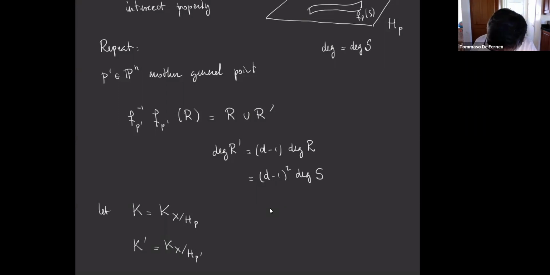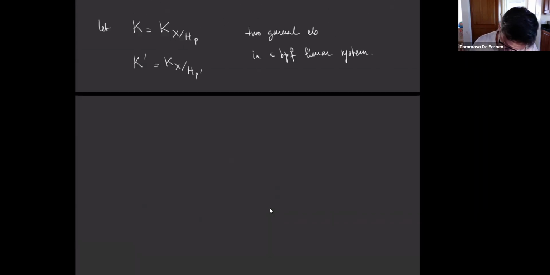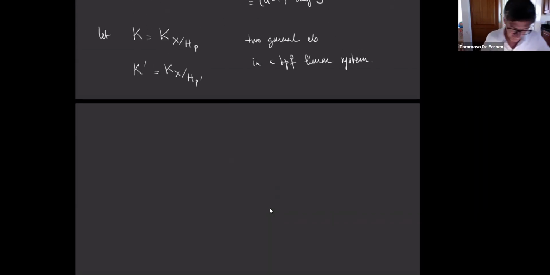These are two general elements in a base point-free linear system. So what I see is that if I intersect S with K and then intersect it with K prime, I get a zero-dimensional scheme.